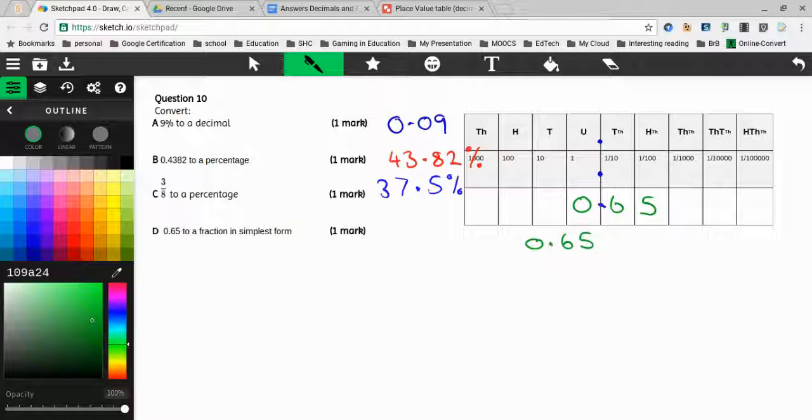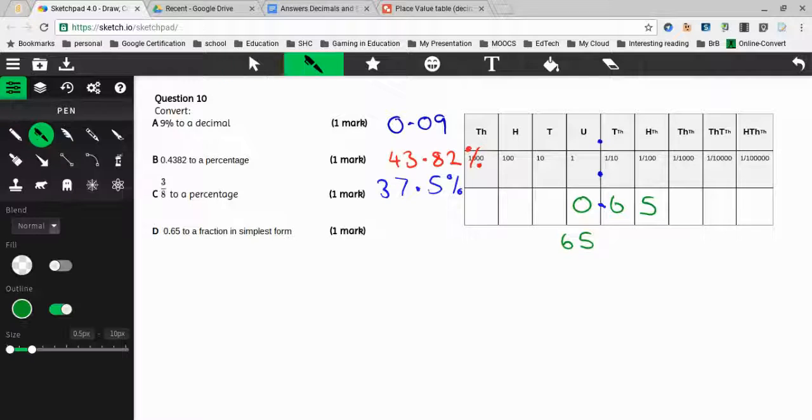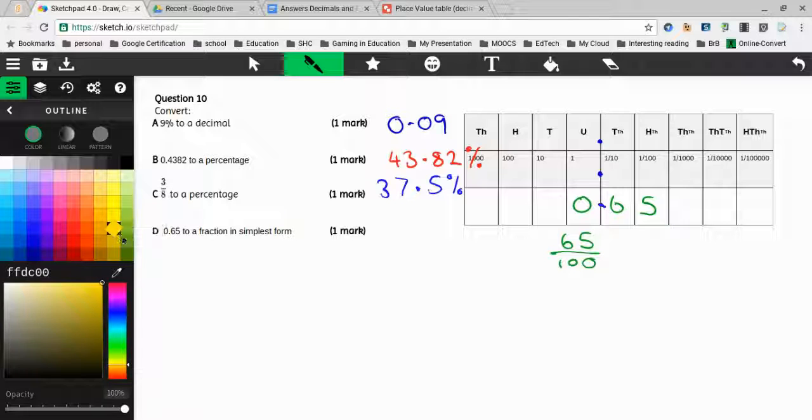65 over 100. But we can reduce both of those down more simply by dividing.